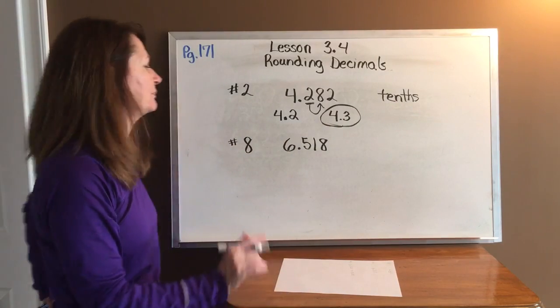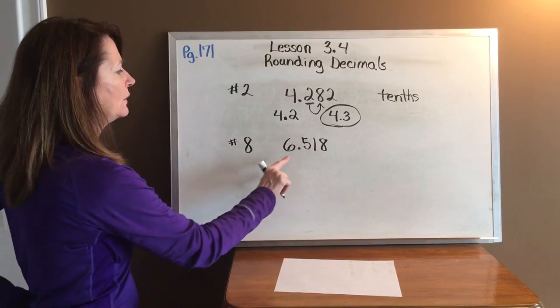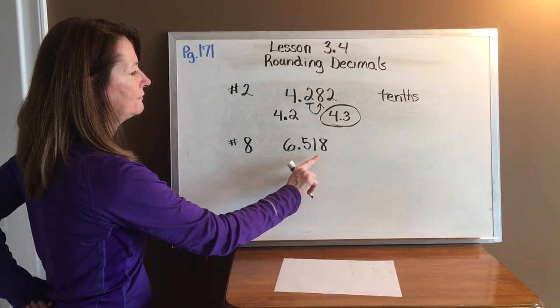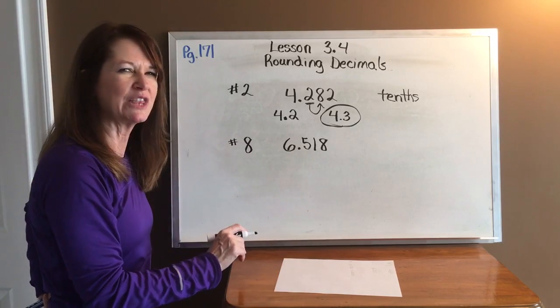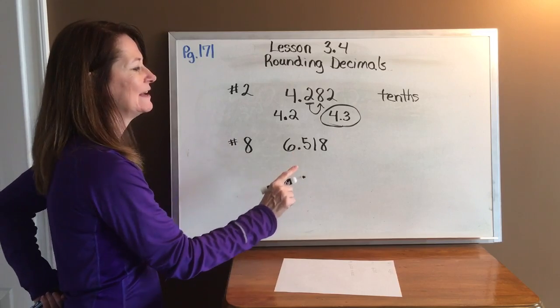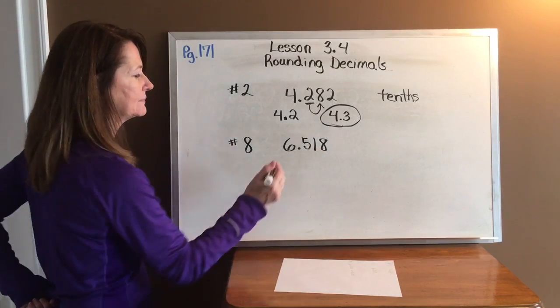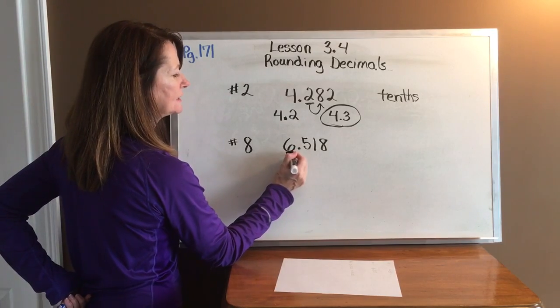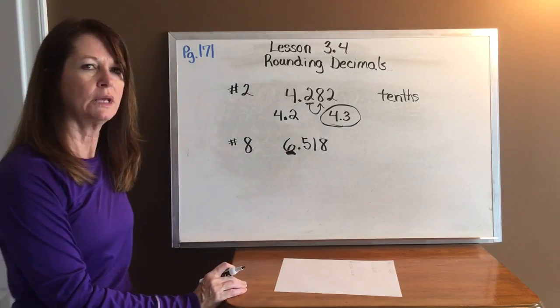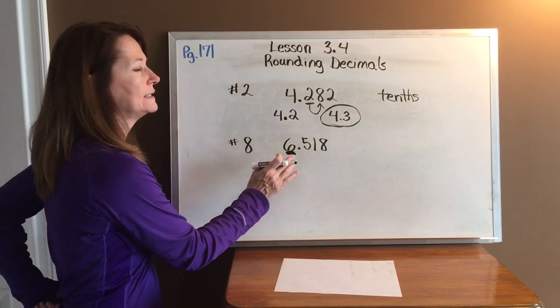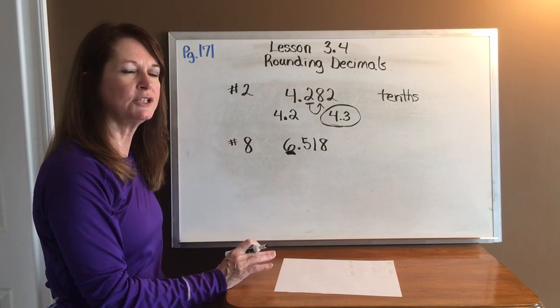Okay, let's do another one. Number 8. We have 6 and 518 thousandths. All right, I'm going to go ahead and underline this place value. Okay, I need you to tell me what is the place value of the digit 6.